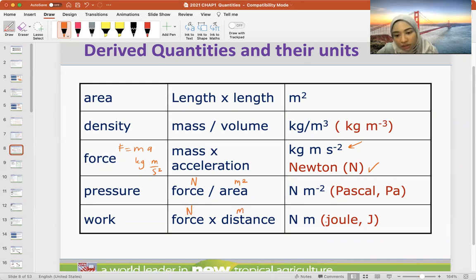You get Newton meter, but the SI unit is called joule. It's silly, but that's how it is. So Newton is for force, Pascal is for pressure, work is joules. If you want to use these, you can. Look at the equation and just use it as it is. But if they ask you for the SI unit, you have to remember what it is.